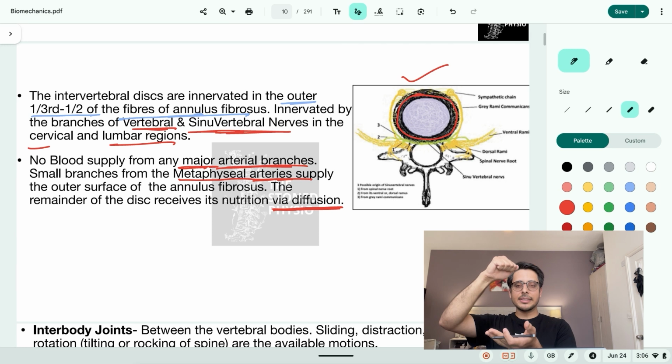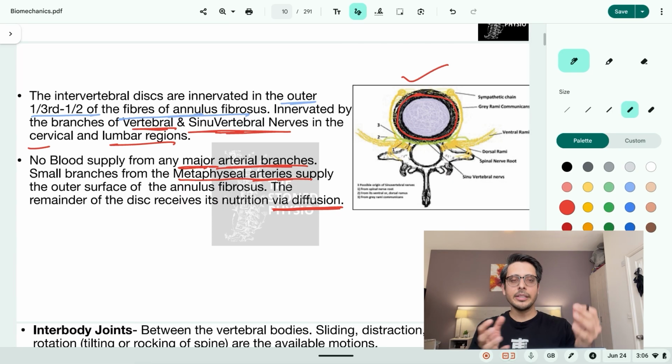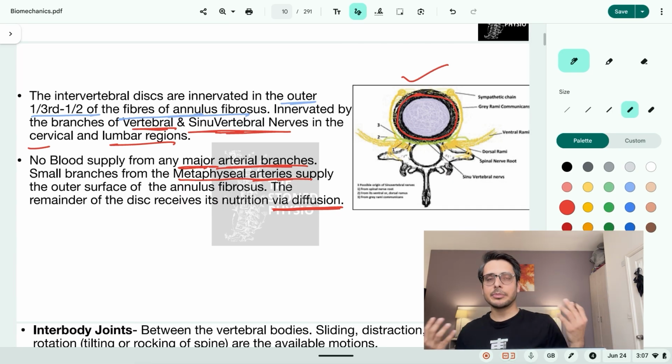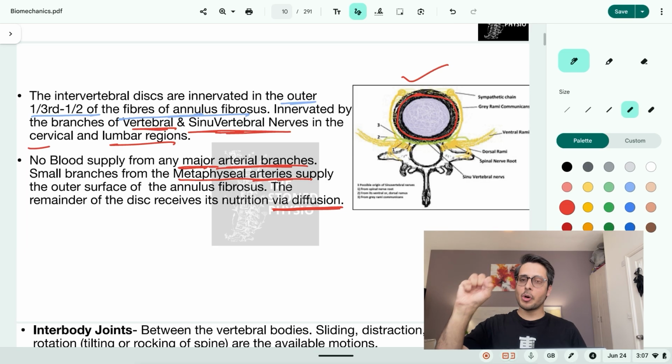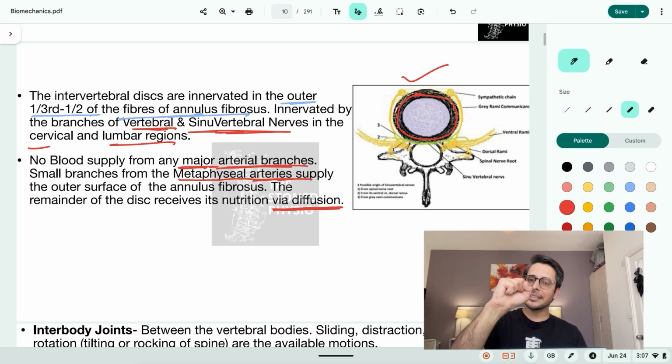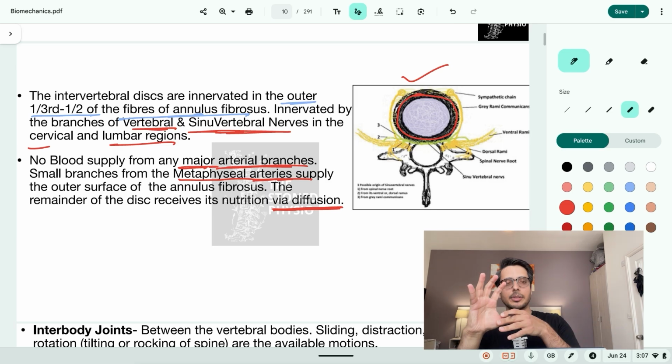So it's the constant contraction and relaxation of this cushion which helps the fluid around it to enter and exit the structure. Just imagine it to be something like a soft spongy thing, and if we keep that in water, when we contract the sponge, the water comes out of it, and when we release it, it again absorbs the water. That's something similar to what's happening with the intervertebral disc as well.